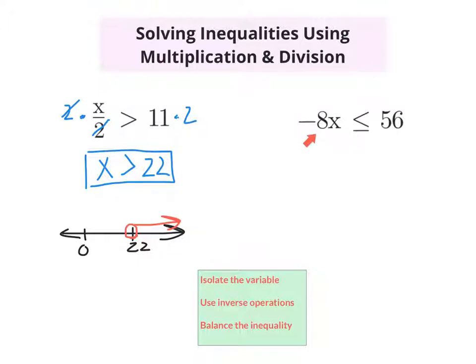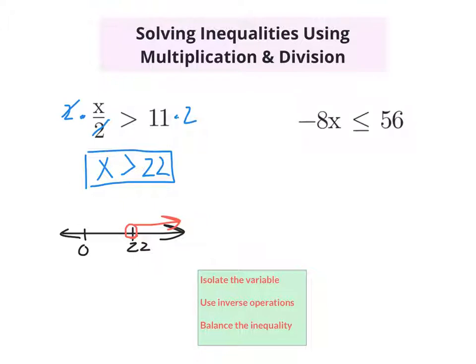And whenever we multiply or divide an inequality by a negative number, we need to change the symbol from what it is to its opposite. So when we solve this problem, and I divide by negative 8, I'm going to have to change this less than or equal to symbol to a greater than or equal to symbol.